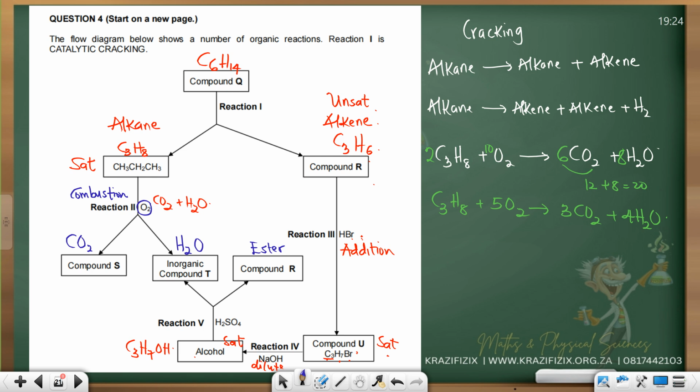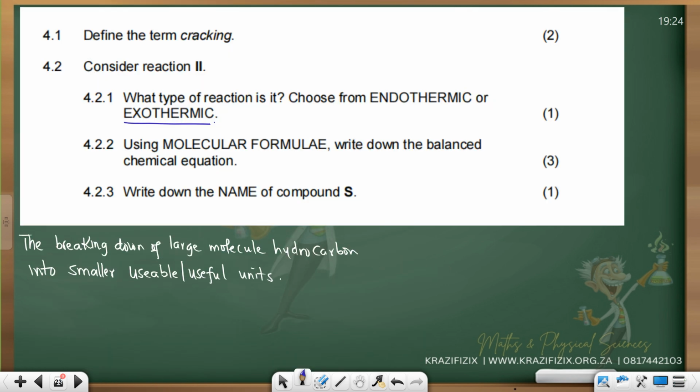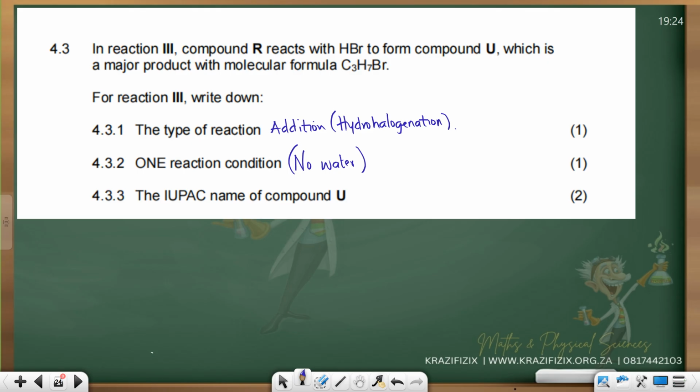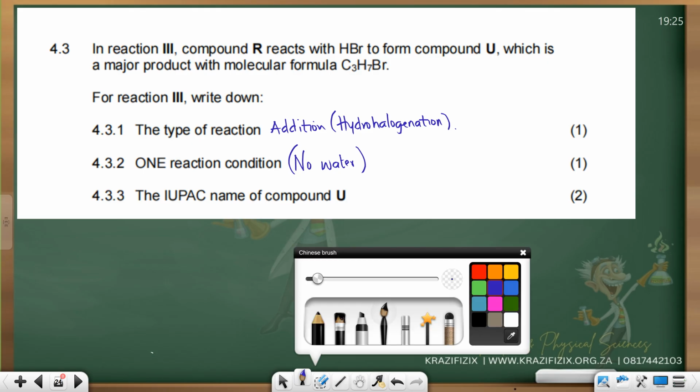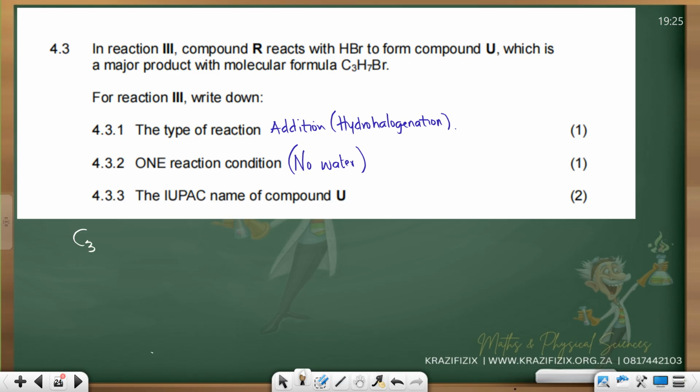C3. Bromopropane. Yeah, that's it. But I want to see something though. Oh yeah, it's correct.